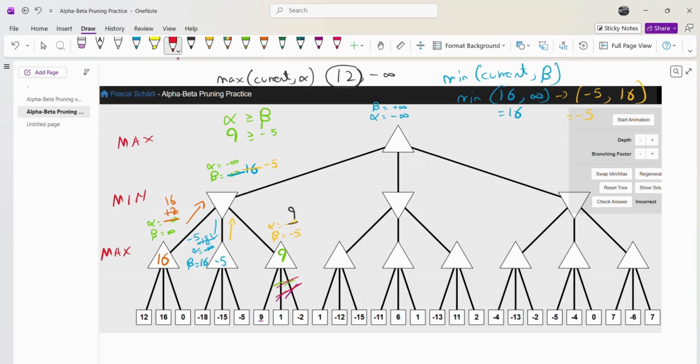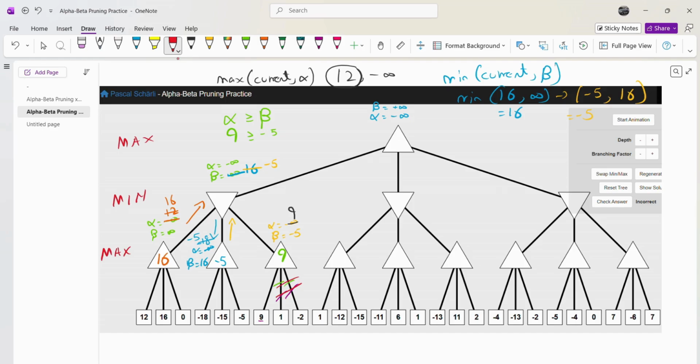Now for this specific node we have alpha as 9 and beta as negative 5. Now these values would go up, the current value over here, and it will be checked with the min value over here. So it's minus 5 over here and beta already has a minus 5.